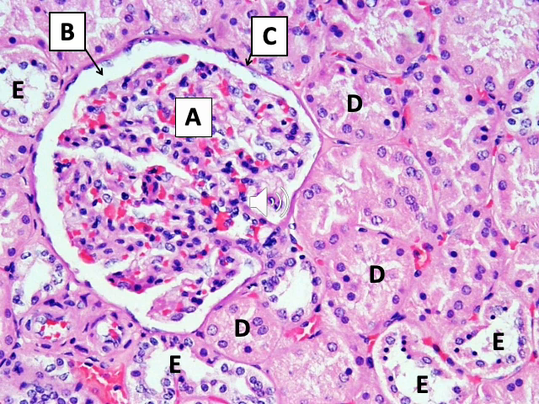And E indicates the distal convoluted tubule. These are lined by the simple cuboidal epithelium, but these cells have very few microvilli and paler cytoplasm due to fewer organelles than the proximal convoluted tubule.